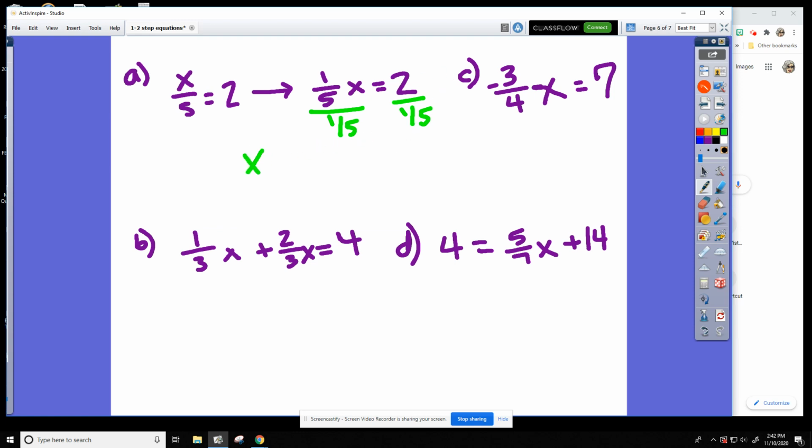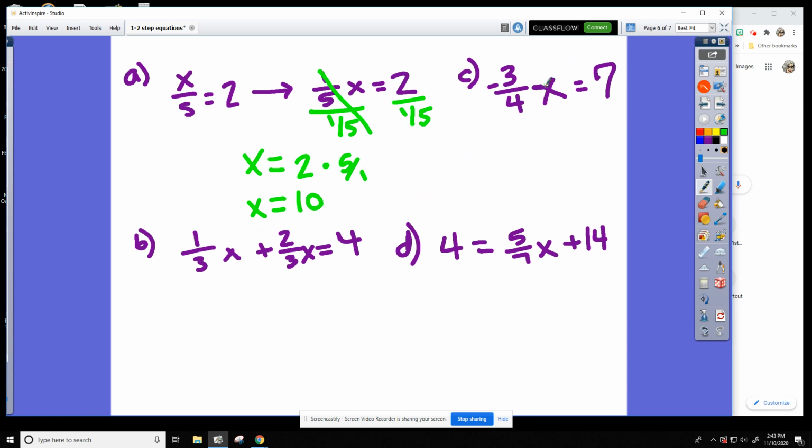So I get x equals, because those cancel. Now 2 divided by 1/5. Well, that's 2. Change it to multiplication and then use the reciprocal. 1/5 is 5/1. And 2 times 5, even if it's over 1, is 10. 10 divided by 5 is 2?